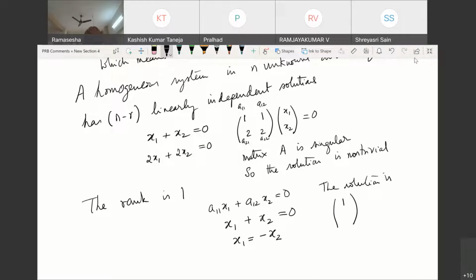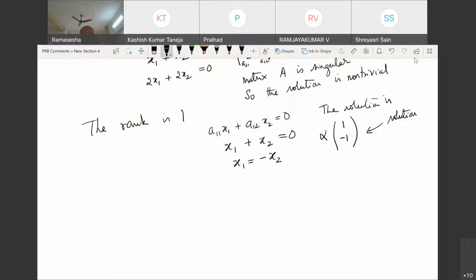1, minus 1 times alpha. So this is the solution. Okay, now the point is how do you fix alpha? Sometimes you have to fix alpha. How to fix alpha? We can say the solution has to be normalized.